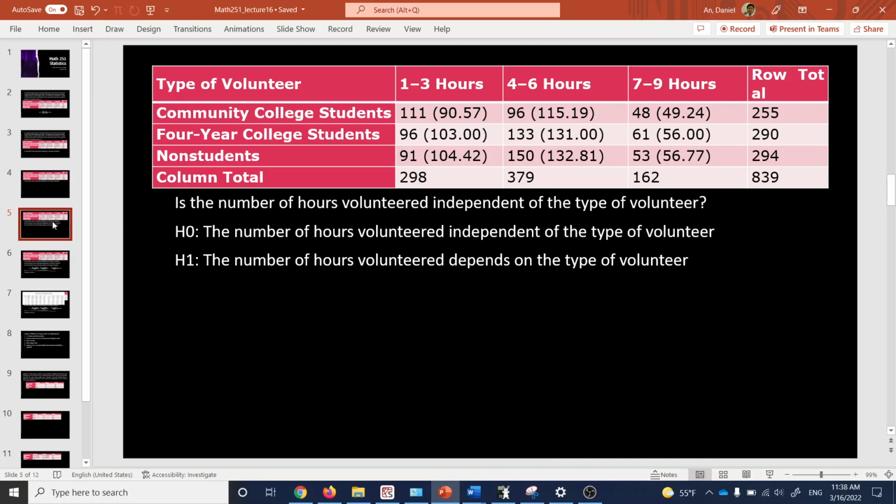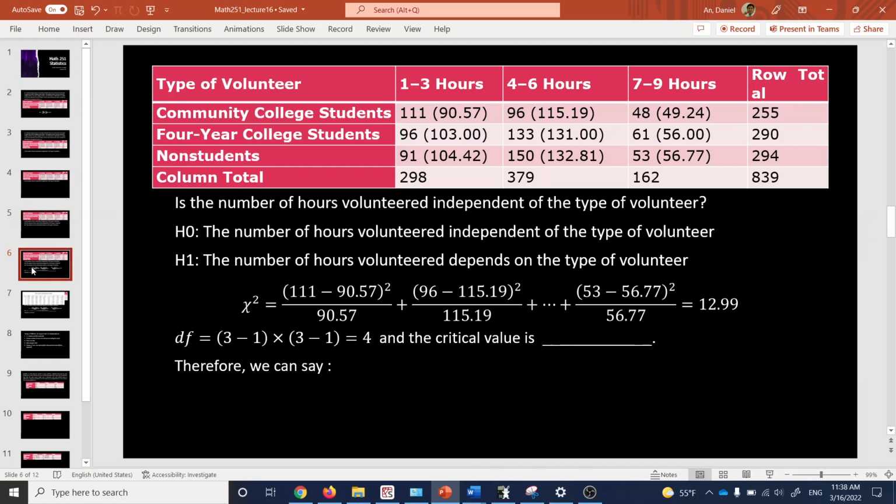It's always that for the chi-square test of independence. All right, then our test statistic is the following. You subtract the expected value from the observed value, you square the difference, and you normalize that by dividing by the expected value.